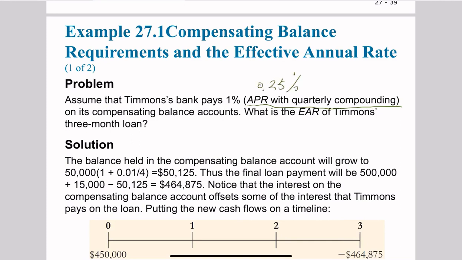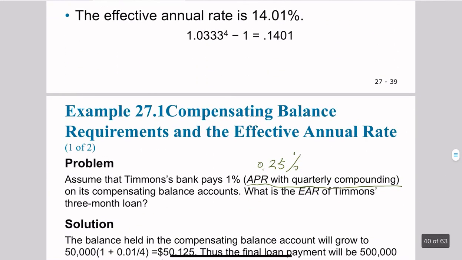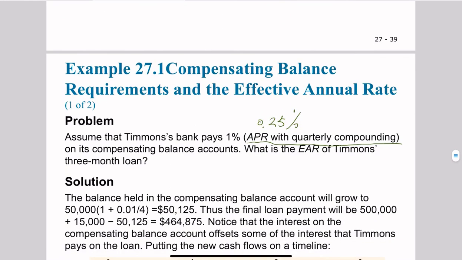And you can see that the difference compared with the example on the previous page is that now the bank will pay interest on the compensating balance. What is the effective annual rate of Timmins 3-month loan?